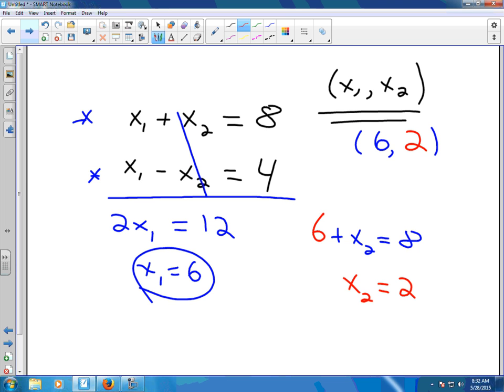So our other unknown is 2. We probably recognize that 6 plus 2 is 8, 6 minus 2 is 4. So yeah, that ordered pair is a solution to this system of equations because it works for both equations.